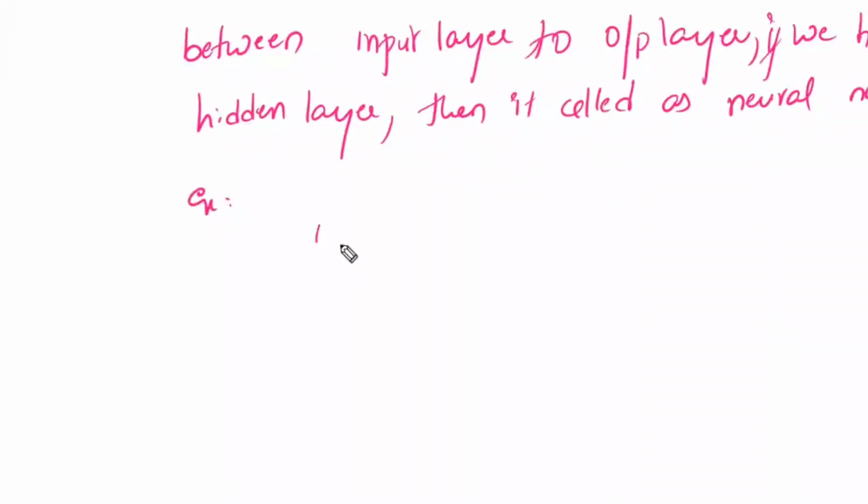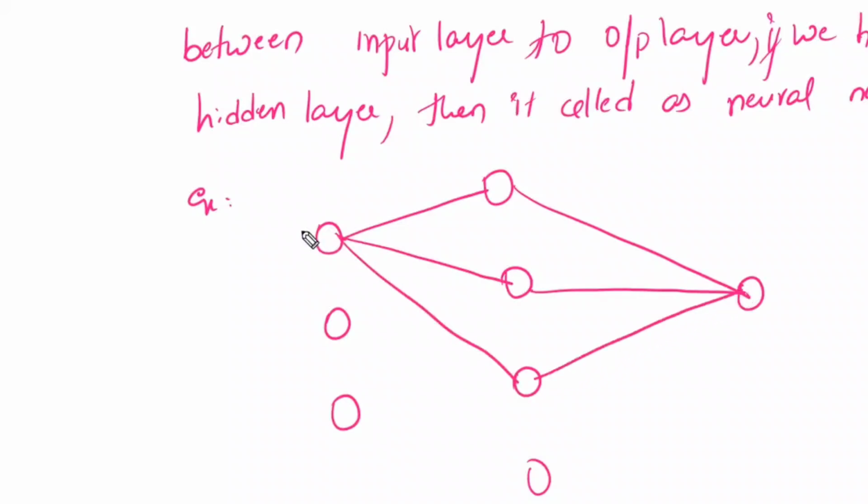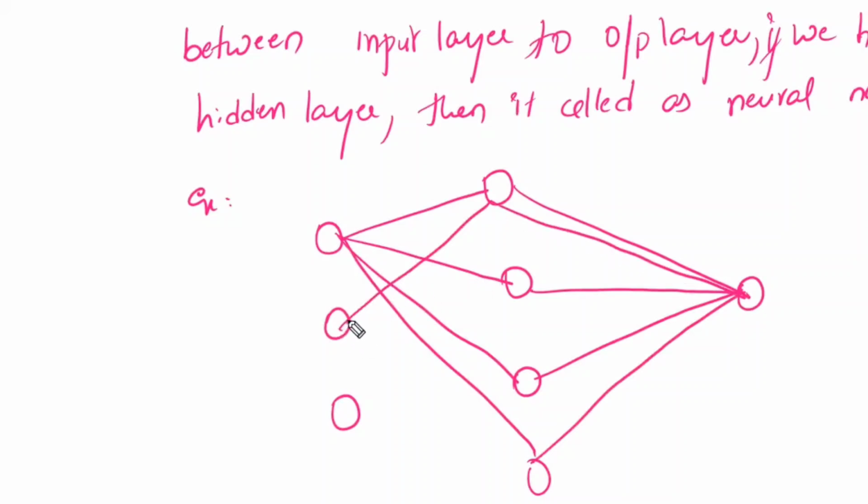Example: input layer, output layer, and in between a hidden layer. You have to connect this one to this one directly, but you are not connecting directly.